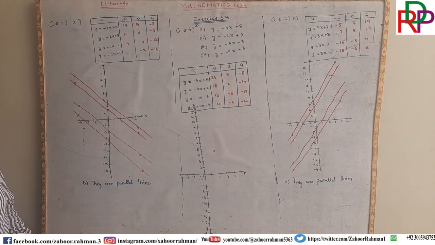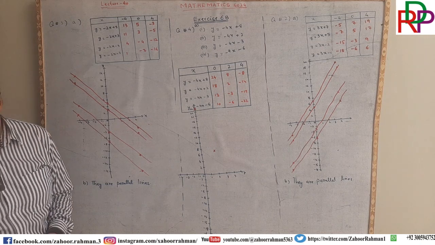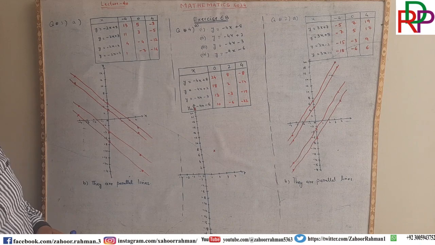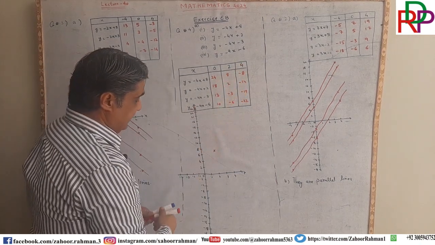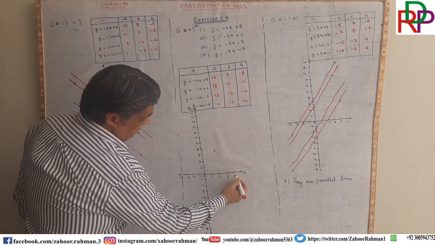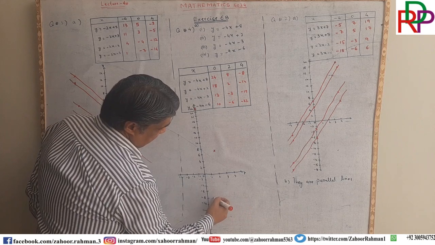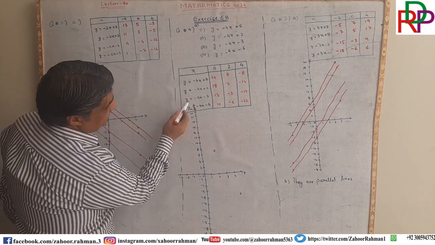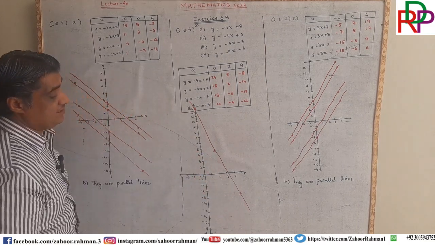Ladies and gentlemen, this is an intermediate level question, and the third one is 4 and minus 8. For 4 it will be minus 8. So minus 8 is here and this is the line. So we have to connect it like this.